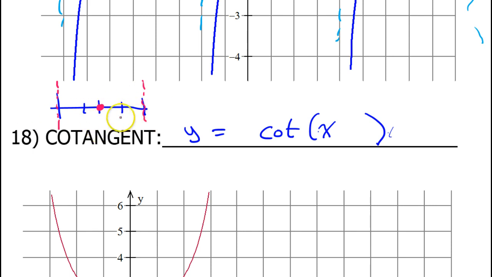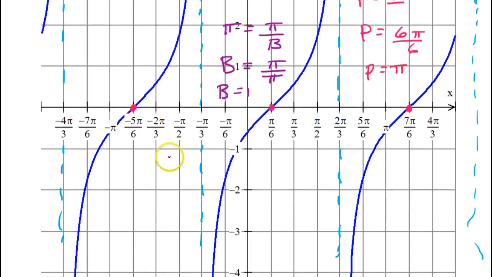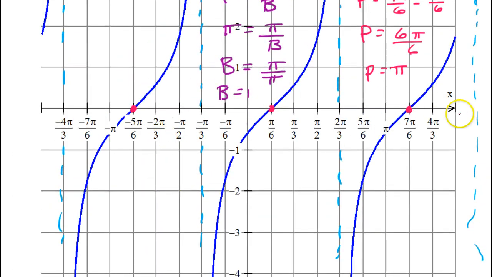So this is what I'm looking for: asymptote, intercept, asymptote. I just need to pick one of those. So I might as well pick the one staring me in the face right in the middle of the graph. Asymptote, intercept, asymptote. So this middle period, I'm going to look at as my first period.